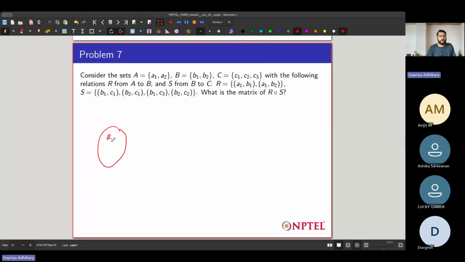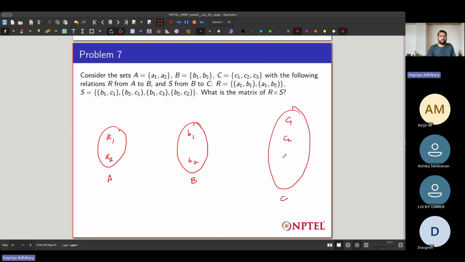We have the set A with elements A1 and A2, set B with B1, B2, and C with C1, C2, C3, and from B to C, we are defining the relation S. So as you can see, R is defined as A1 and B1.